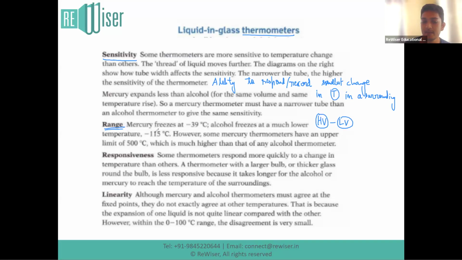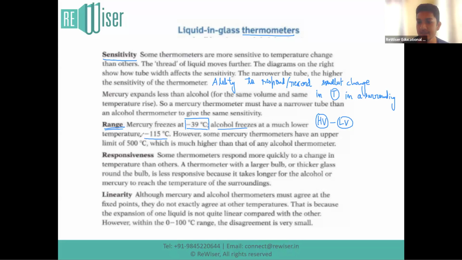For example, for liquid in glass thermometers, even though sometimes we use alcohol, we use mercury mostly because mercury freezes at minus 39 degrees Celsius, whereas alcohol freezes at a much lower temperature of minus 115 degrees Celsius. But since we never go to minus 115 degrees Celsius under normal circumstances, we usually have liquid in glass thermometers made of mercury.